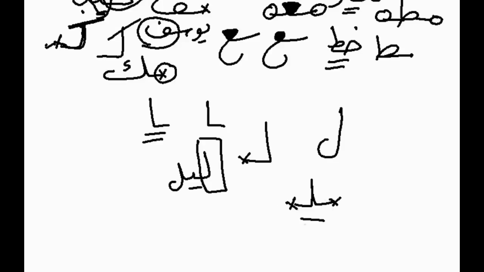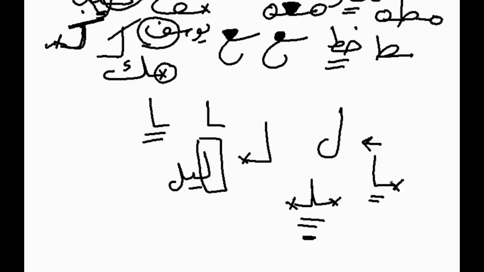You need to differentiate between this L and, if you remember from part 1, the A in the middle of the word. A is not connected to the letter after it, so this is A, and this is L. L is connected to the letter after it, so it has to be like this and connecting to the second letter.